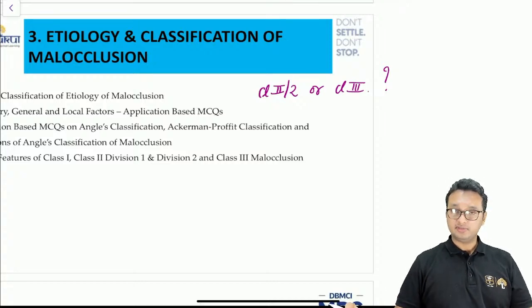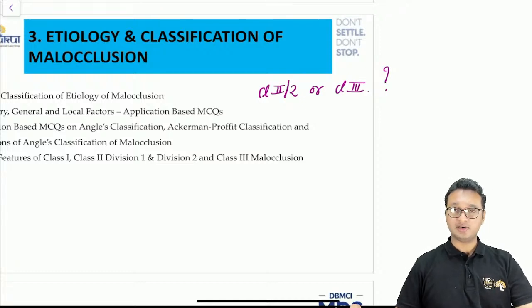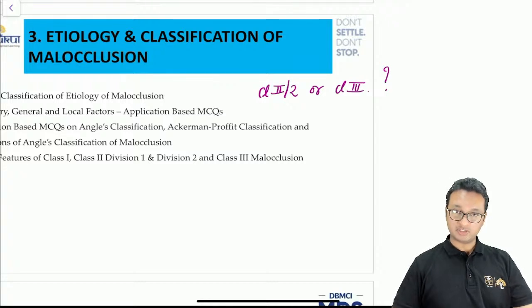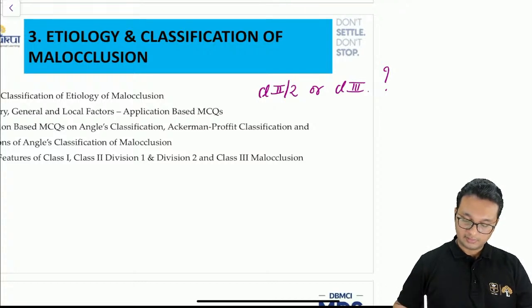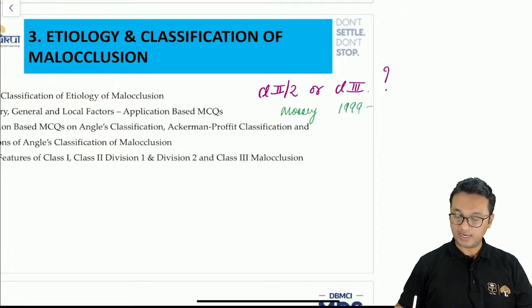I've looked into this. I've referred to certain international articles from the British Journal of Orthodontics, the American Journal of Orthodontics, and the Angle Orthodontist. One article I've come across was authored by Mossey, I think in the year 1999, in the British Journal of Orthodontics.